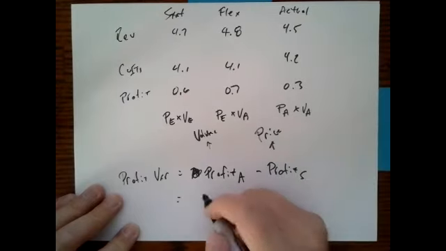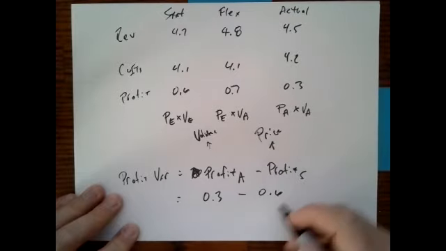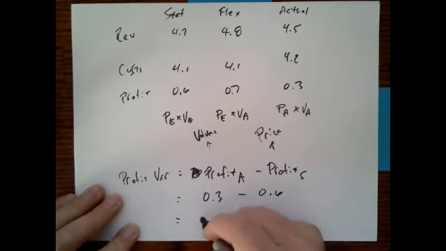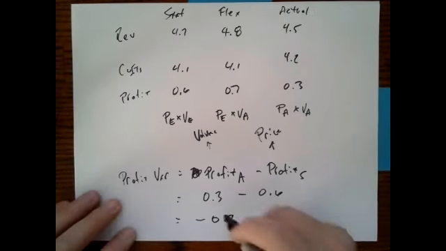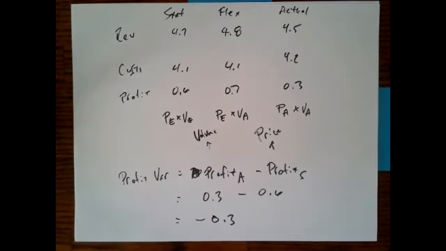So we'll take 0.3 minus 0.6, and that gets us negative 0.3, or 300,000, right? Because these are in millions. So we have a profit variance of negative 300,000.